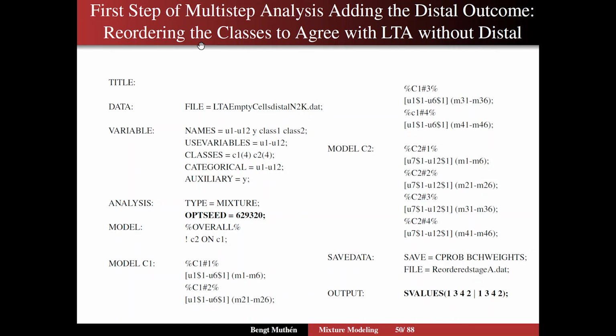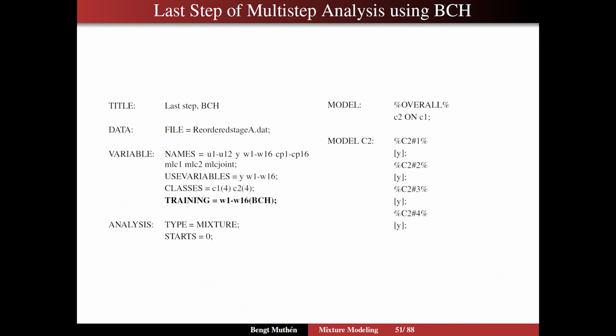Now, here we are still in the first step, but we want to reorder the classes to agree with the LTA analysis without distal, just for comparison purposes for this talk. So we have an S values reordering here, and we have an op seed from that first run. Otherwise, things are the same here.